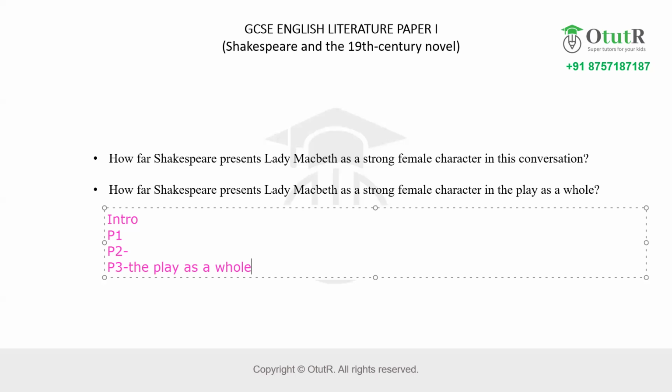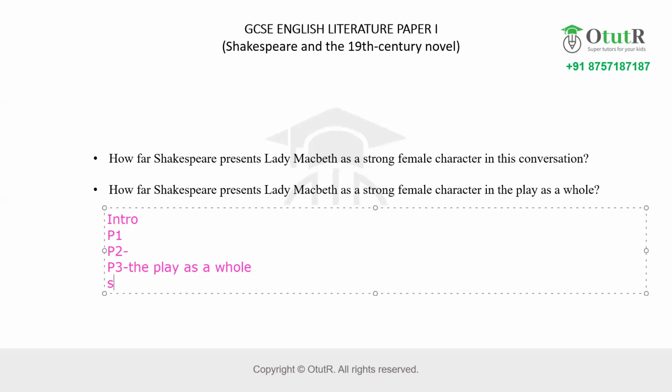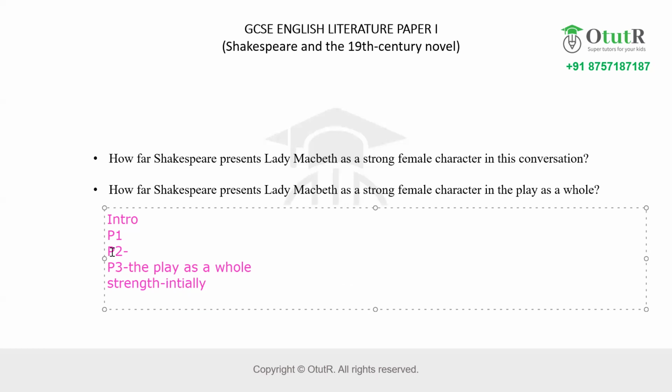We can talk about her strength as depicted initially. But then this was momentary. Shakespeare slowly and gradually reveals the limits of her strength. And somewhere, she went against the norms and conventions of the Jacobean audience's age.